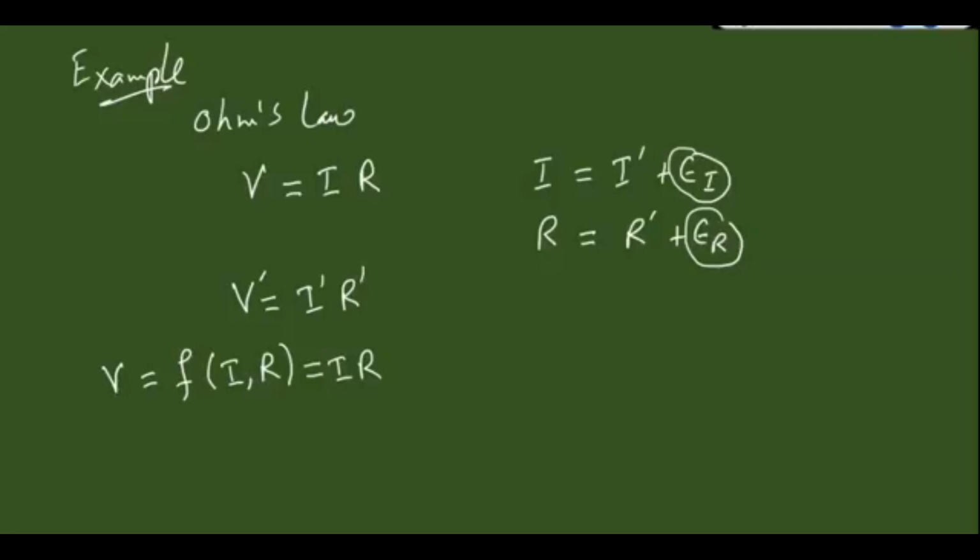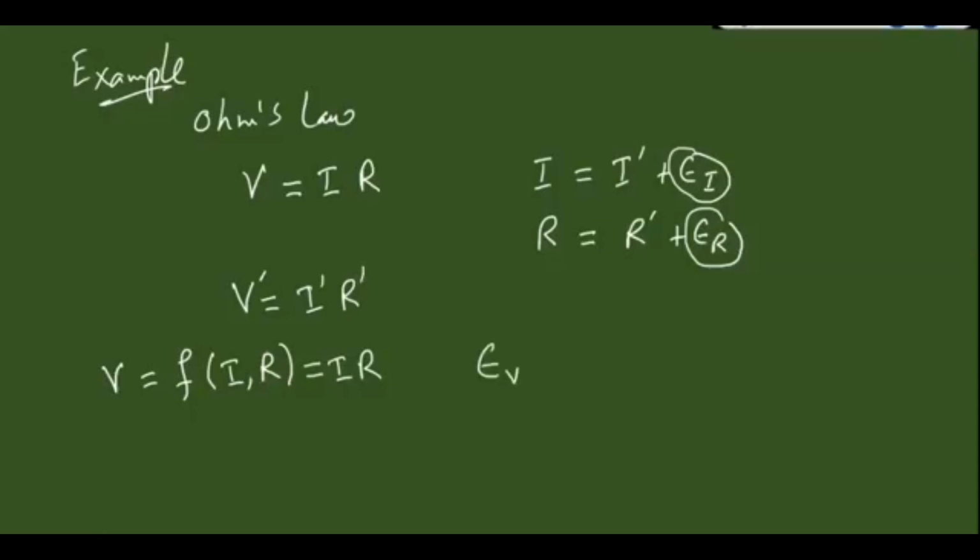So if I want to ask what if I made these two mistakes, and I know these mistakes, then what change will it bring to my delta V, I mean the voltage reading? I can write it down like that.